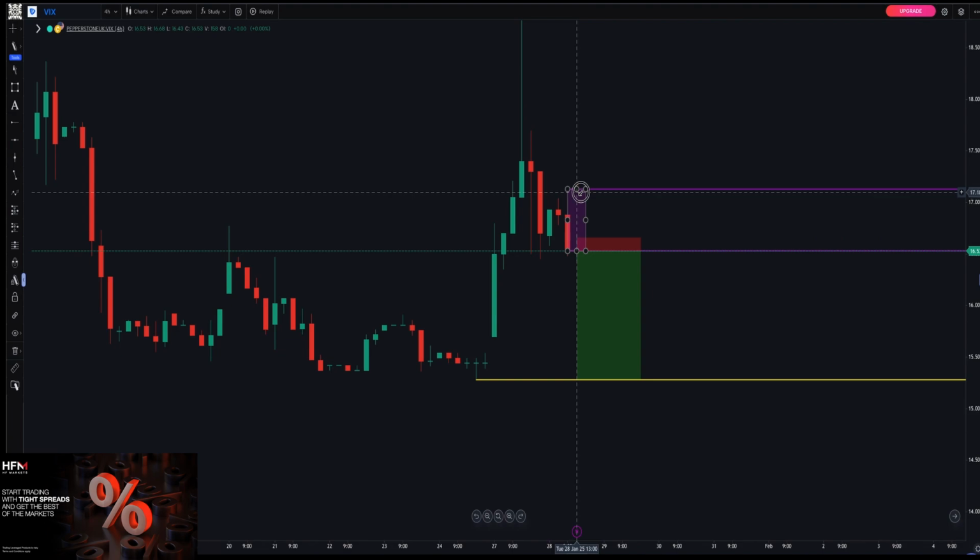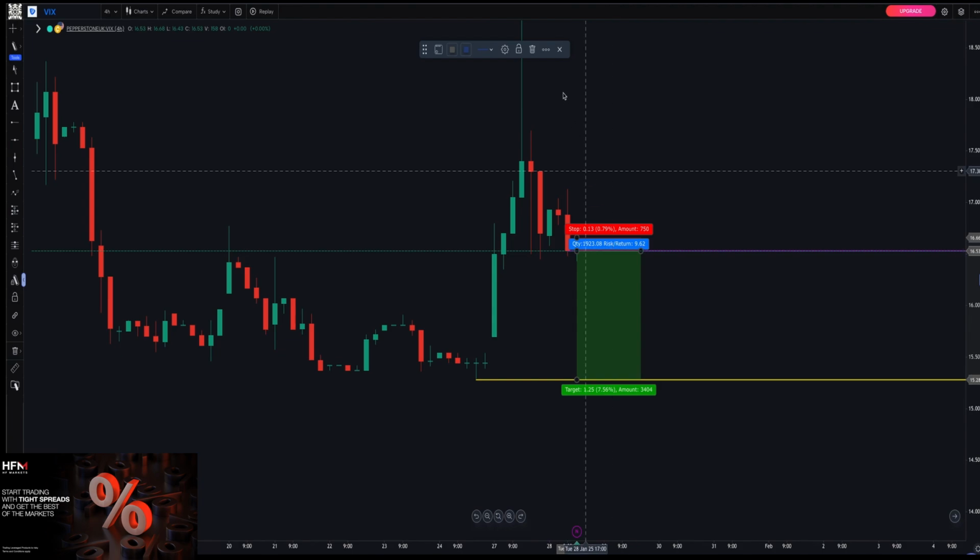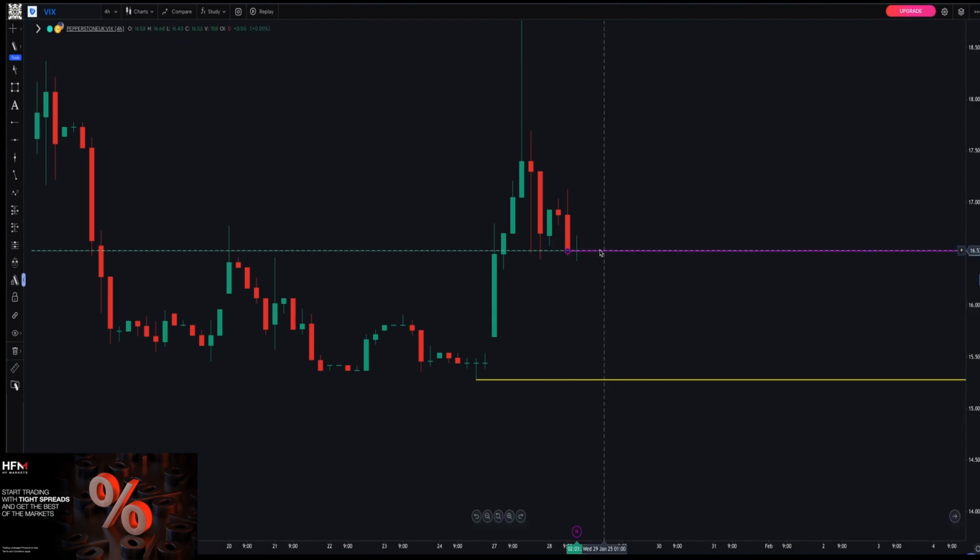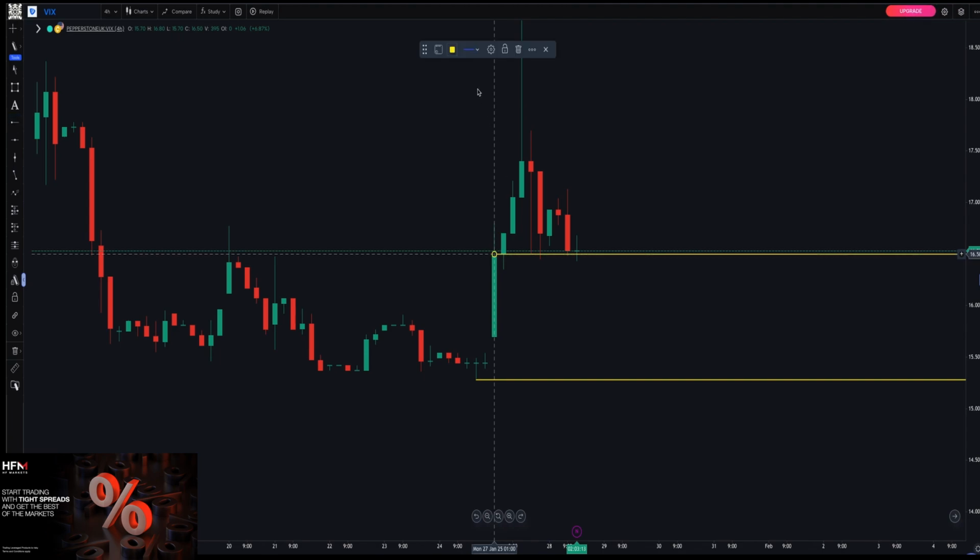Okay, let me just clear this so that we can draw that area for that buy trade setup for this VIX index. So here you would take a line and place it on the close of that bullish candle.